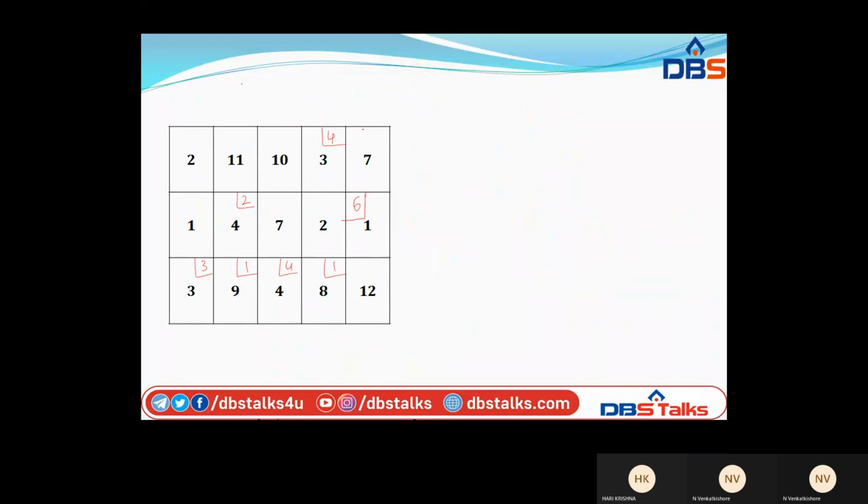Then now, how many number of occupied cells? 1, 2, 3, 4, 5, 6, 7. Here the number of occupied cells is 7, and at the same time, as per formula m plus n minus 1, how many number of rows? 3 rows, 5 columns minus 1.